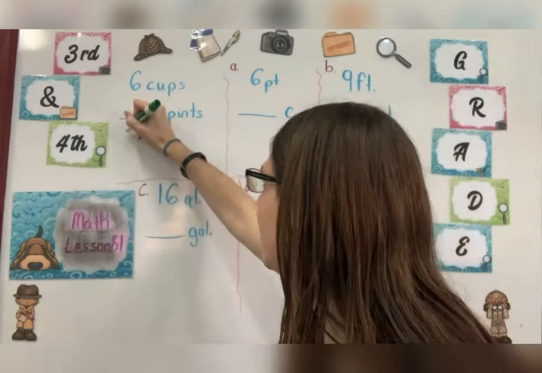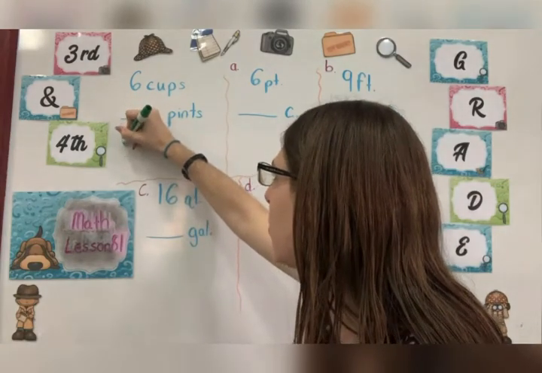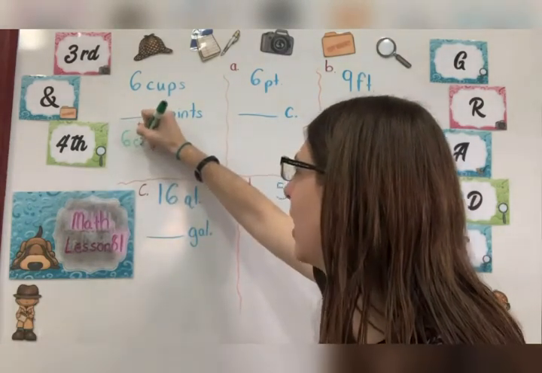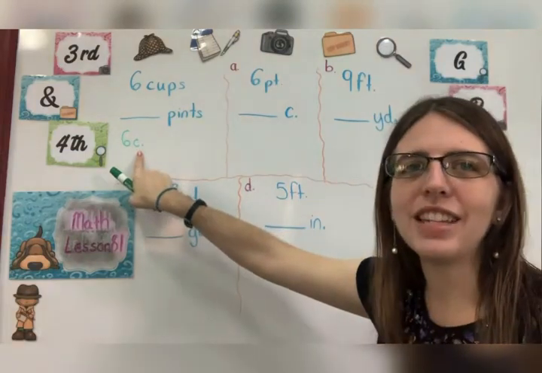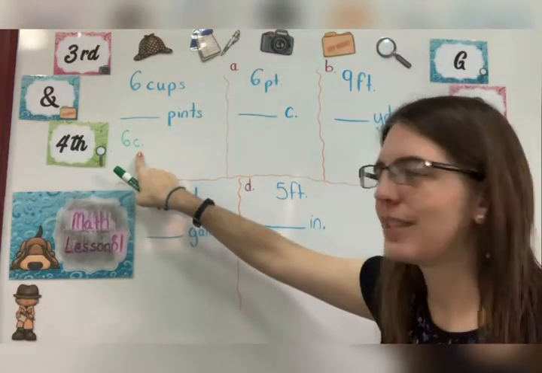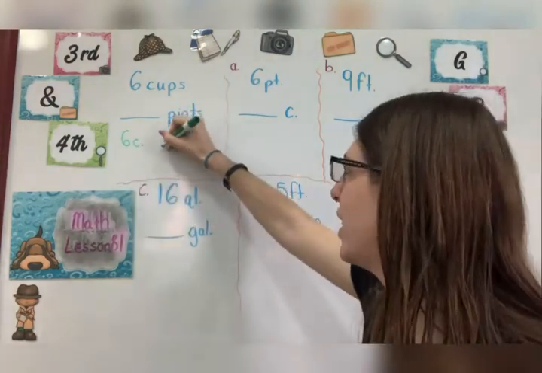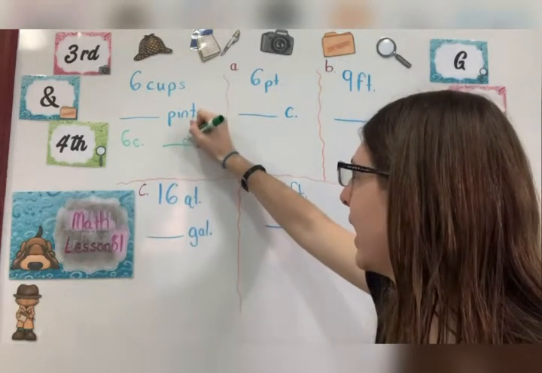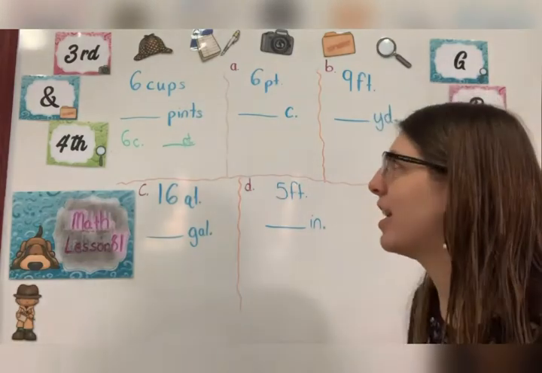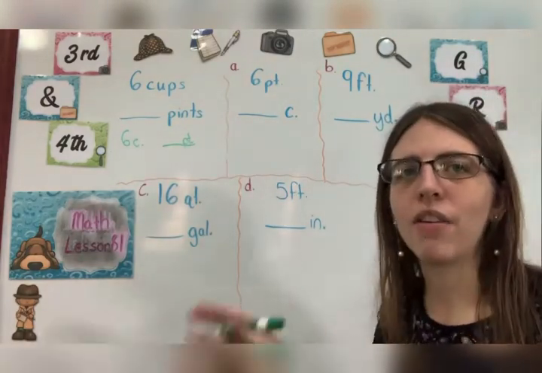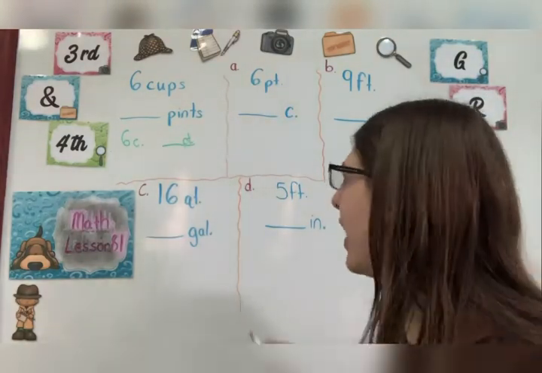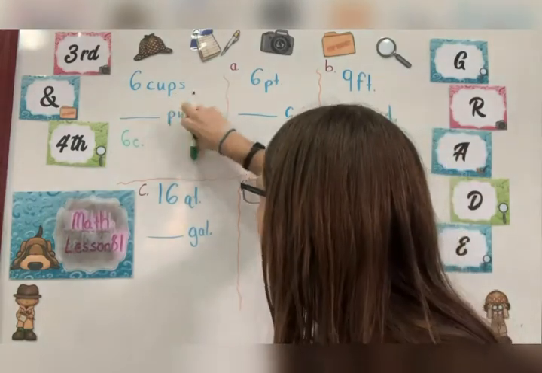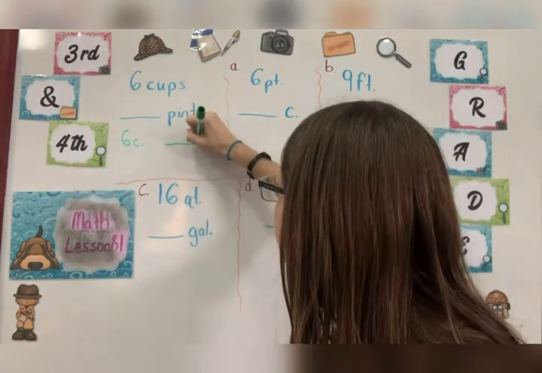Well, this is how we start. We start by writing what we have. We have 6 cups, and that little C is just the short way of writing cups. I want to change that to, so we're going to draw a line, pints. And we put pints on top. Now on the underside of the line, I'm going to rewrite that so it's a little bigger so you can see it a little better.